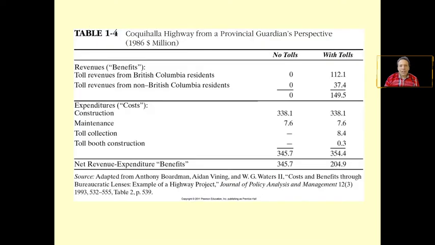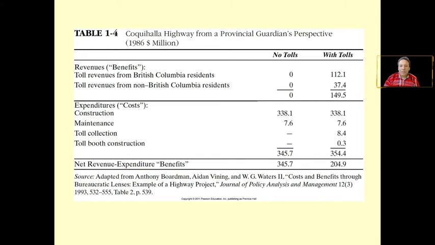Right, so we have here in this table the Coquihalla highway from a provincial guardian's perspective. Remember that the provincial guardian's perspective only looks at the organization that is producing the project.